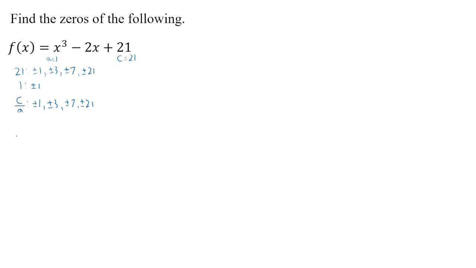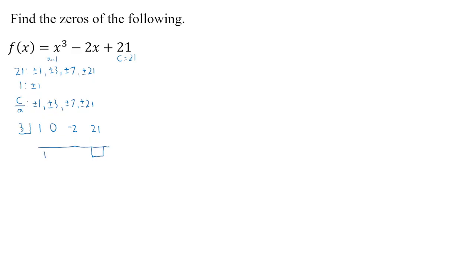So we're going to use synthetic division to see which one of those are the actual zeros. So we got 1. There is no x squared, therefore its coefficient is 0, -2, and 21. So first we'll try 3.